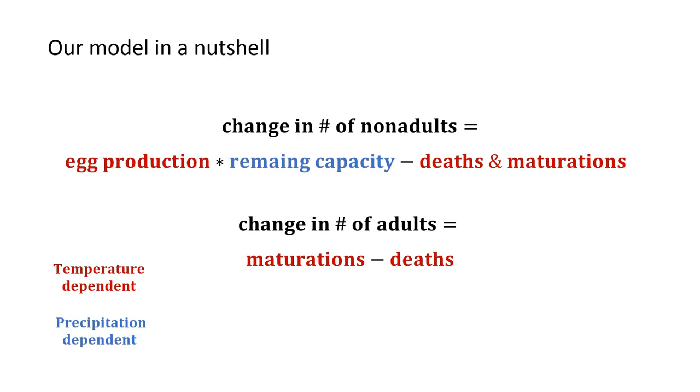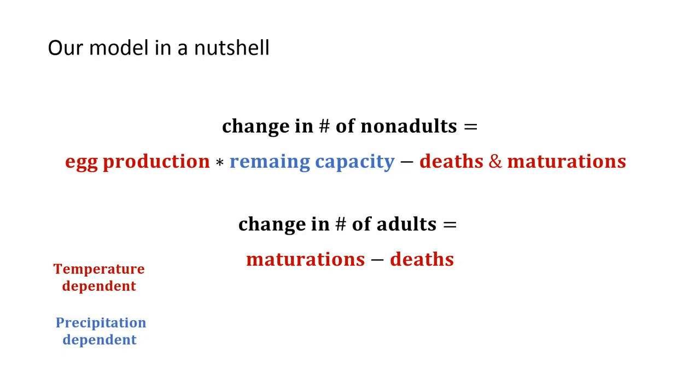Our model consists of two compartments. The first represents non-adults, which includes egg, larval, and pupal stages. The second compartment represents the adult stage. The number of non-adults is determined by egg production, the environment's capacity to support non-adults, and also removal from deaths and maturations onto the adult stage.